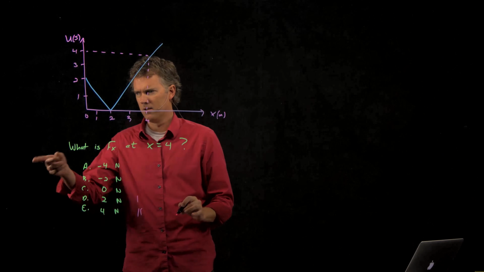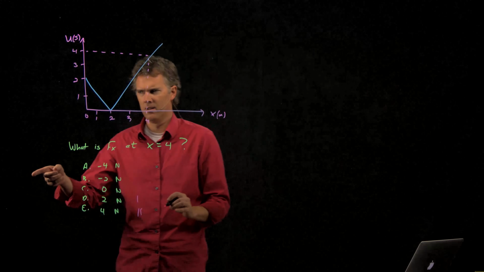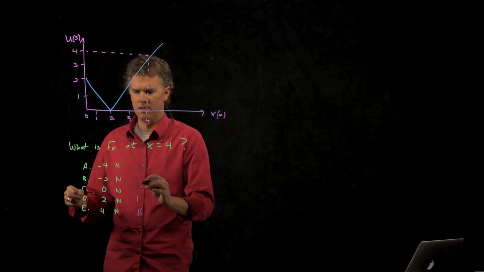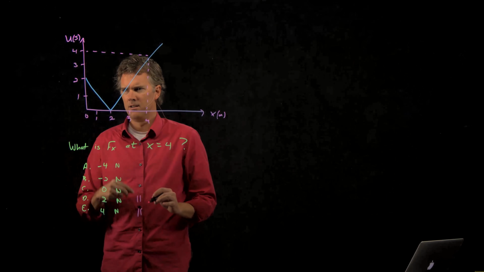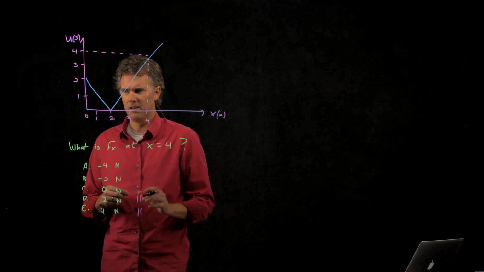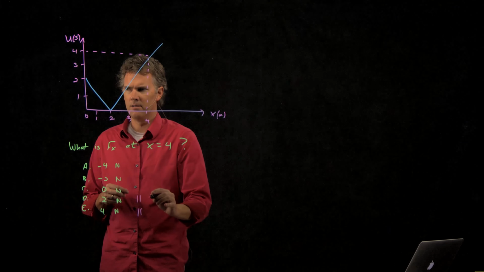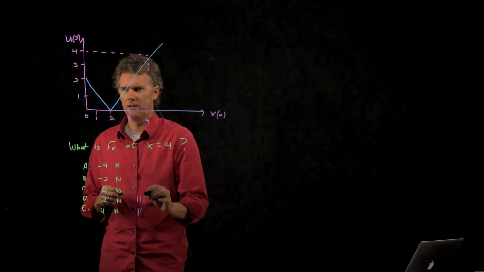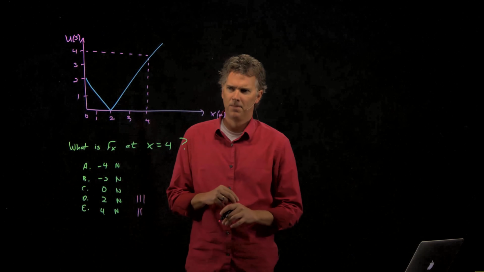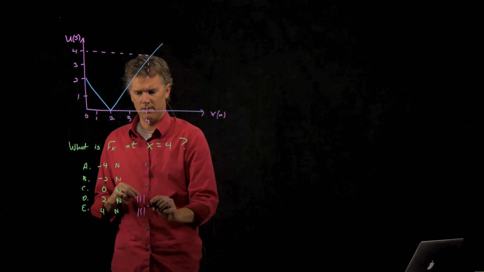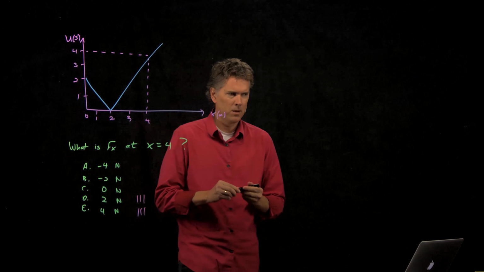Table number 4? D. Table number 5? E? D as in dog. Last table? E. Okay.